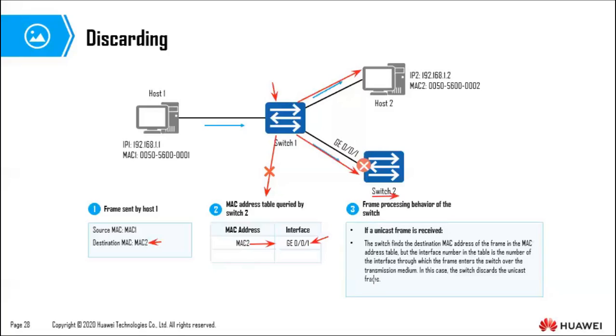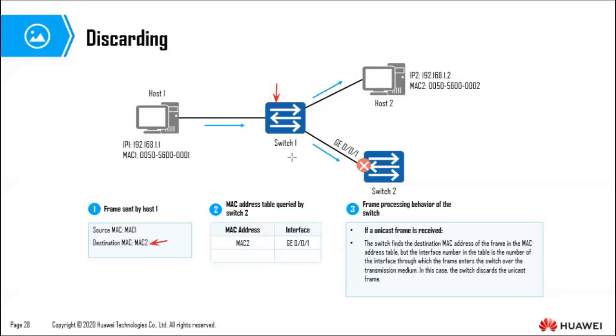Oh, sorry. I know where I went wrong. I confused something. Let me begin again. So host 1 wants to send to host 2. So the destination MAC address comes here. This one checks its own MAC address table.